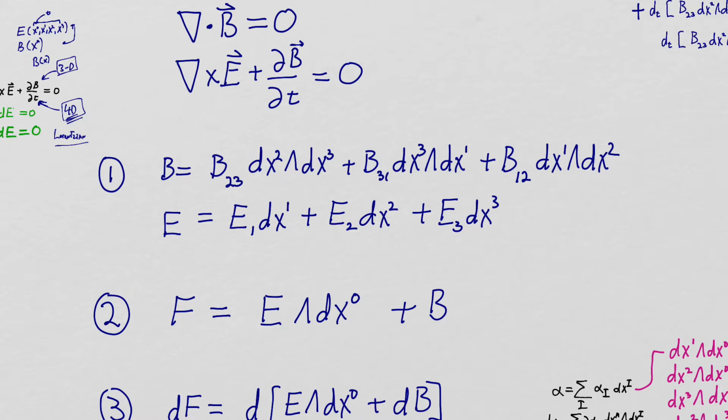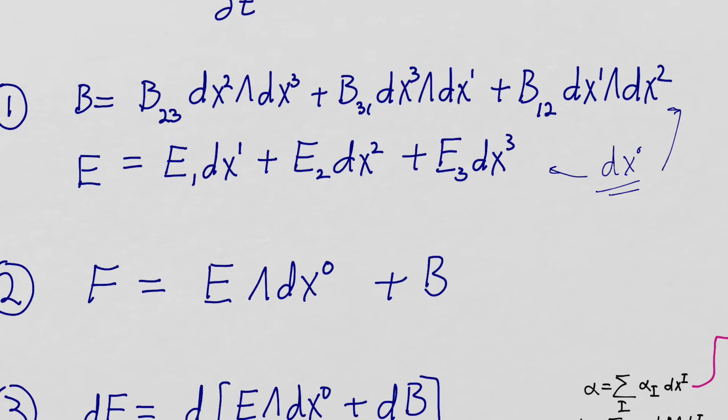Now we do have access to a dx0, but we're still modeling the magnetic field exactly the same way. Likewise, the electric field we're going to model as a 1 form, just like we did before. So this step is actually the same, even though we now have access to a dx0 term. We're not adding it into the model of B and E because they are still 3-dimensional objects.